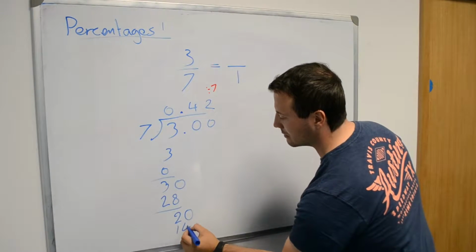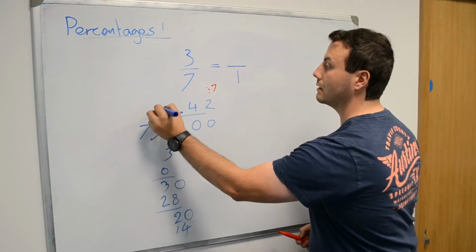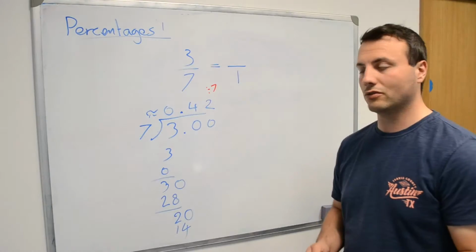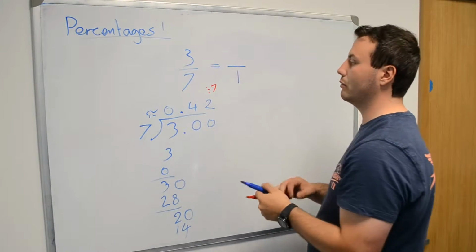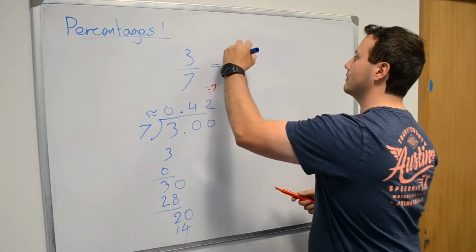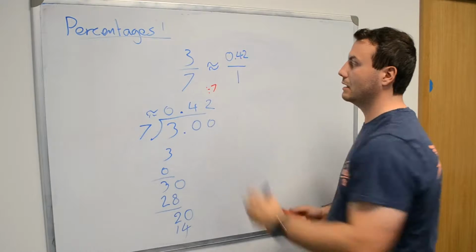It gives us 14, which would give us 6 remainder. But for now, we'll leave this as the answer to be approximately 0.42, because this would go on forever. So we put 0.42 up here, and we'll just say that this is approximate for now.